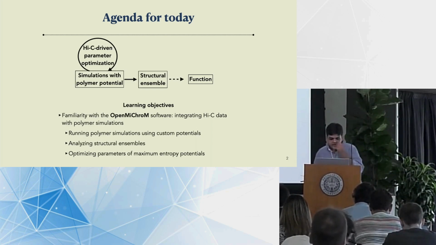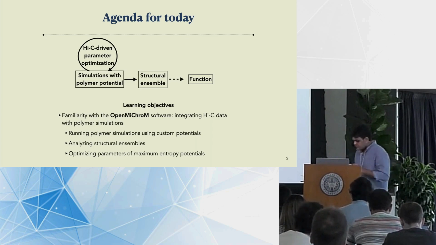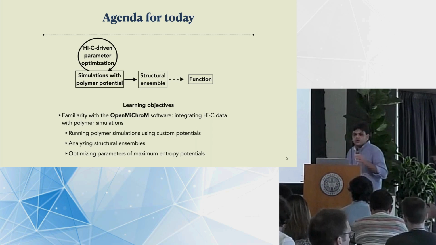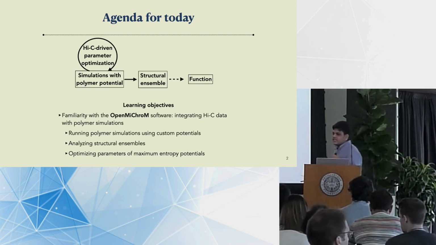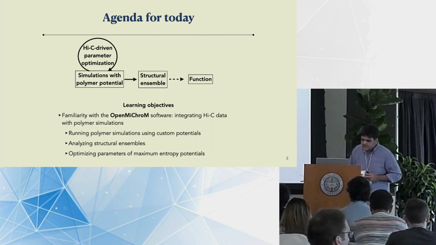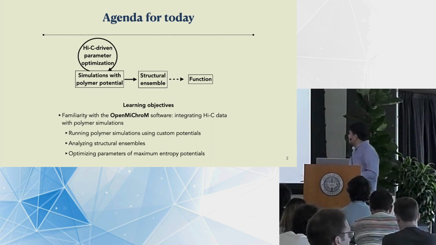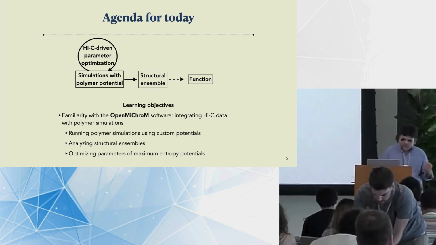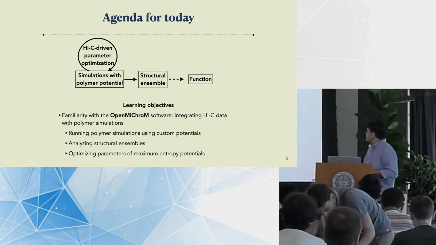So basically, the agenda for today is to give you a flavor of how we run polymer simulations, and then optimize the parameters of the simulation driven by Hi-C data sets to obtain various structural ensembles of chromosomes, polymer ensembles of chromosomes. And as the title of the workshop says, there is function in it.